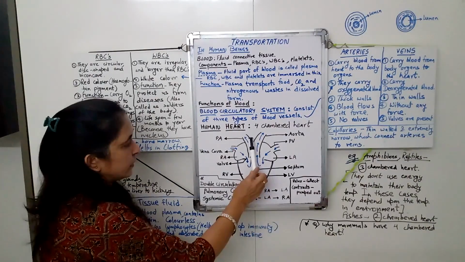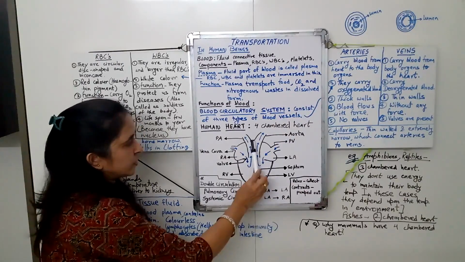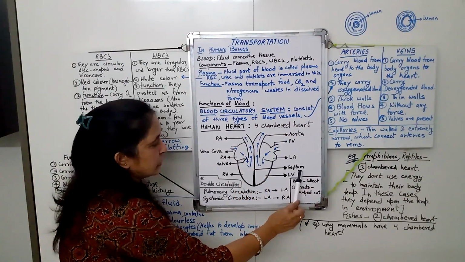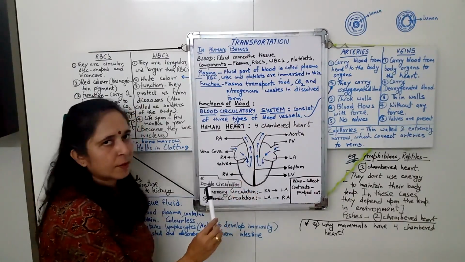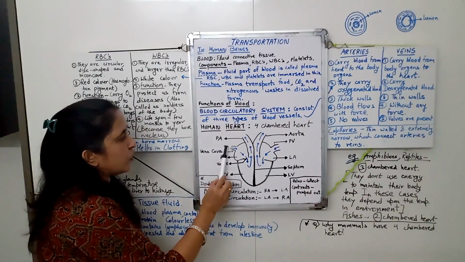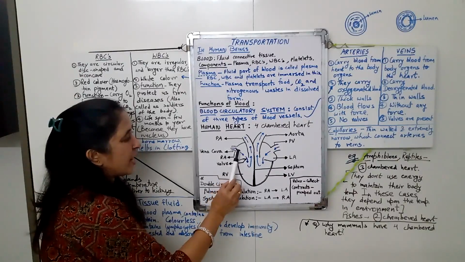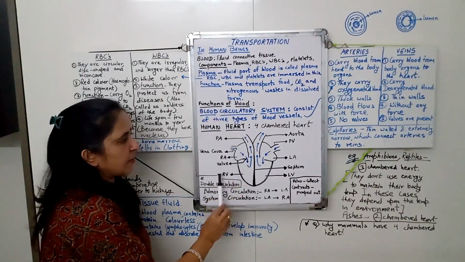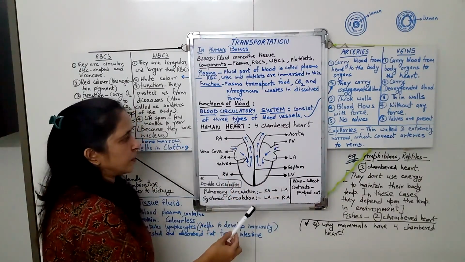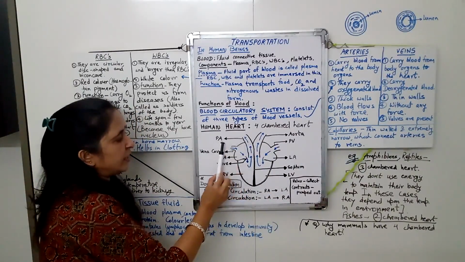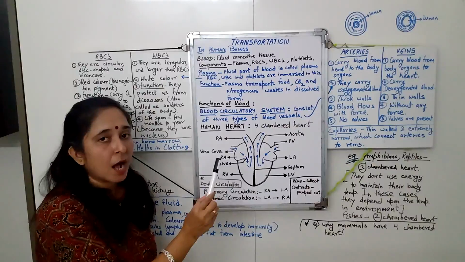Clear? And here the section you can see, the division part, that is called the septum. Fine. Here the valves are present, here the valves are present. This is one opening that is called vena cava. First I will tell the labelings, then I will explain the whole circulatory system. Now this one I have written PA, that is the pulmonary artery.